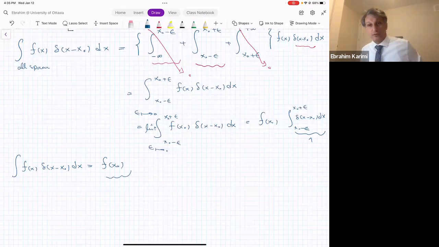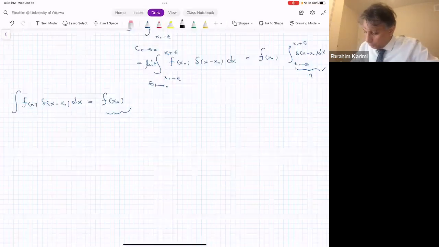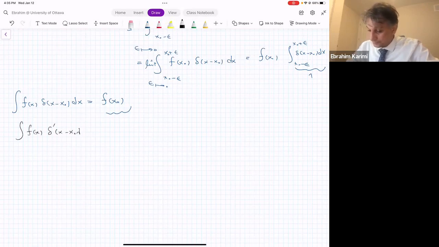That's the first expression that we need to learn. The other important property is what is going on with the integral of f of x delta prime of x minus x0 dx.